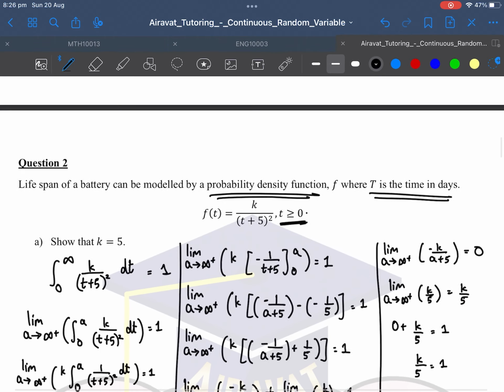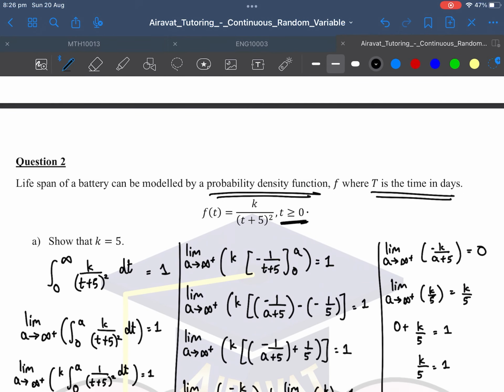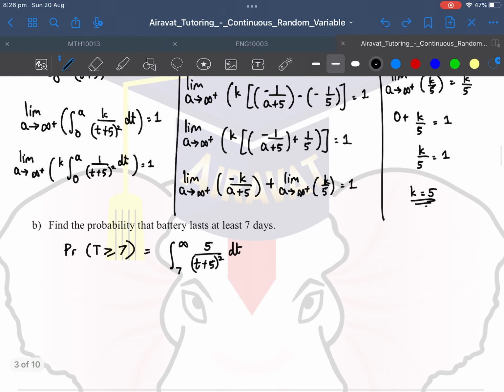Oh, and one more reason. Say that this was an exam question. You are sitting in an exam and for some reason you don't know how to show that k equals 5. It's given that k equals 5 for a reason, so that even if you can't do this question, you can still continue using 5 and do the rest of the questions.